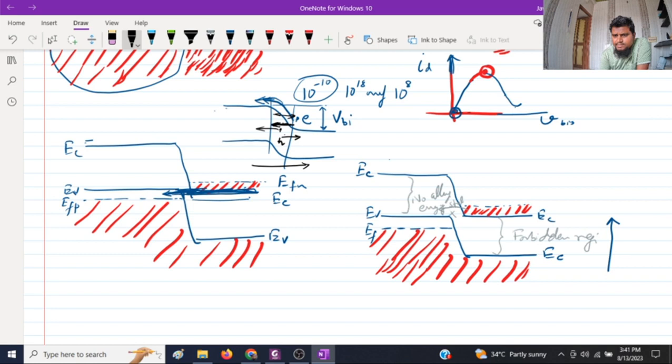That's why it is a small diffusion current, and because of that the current will not go to 0. After that it will follow this line, so this part is a normal PN junction.